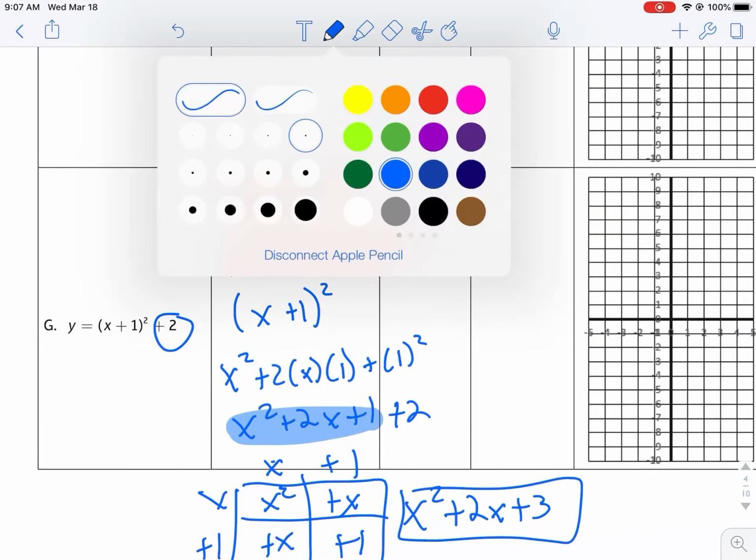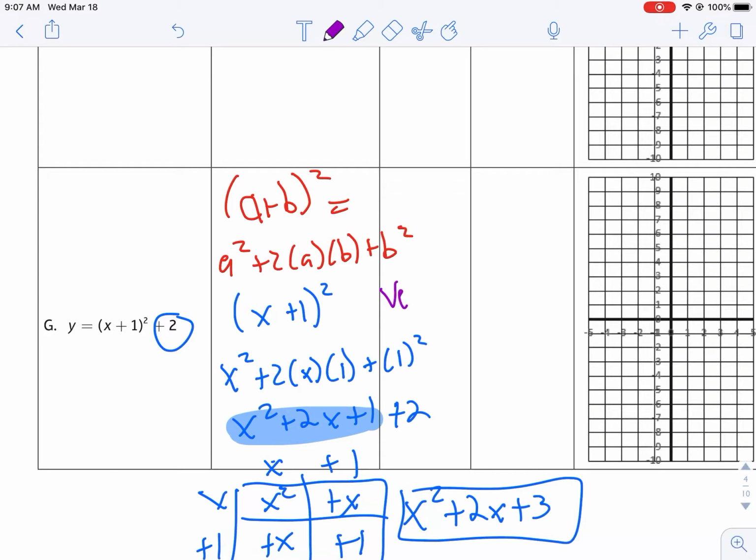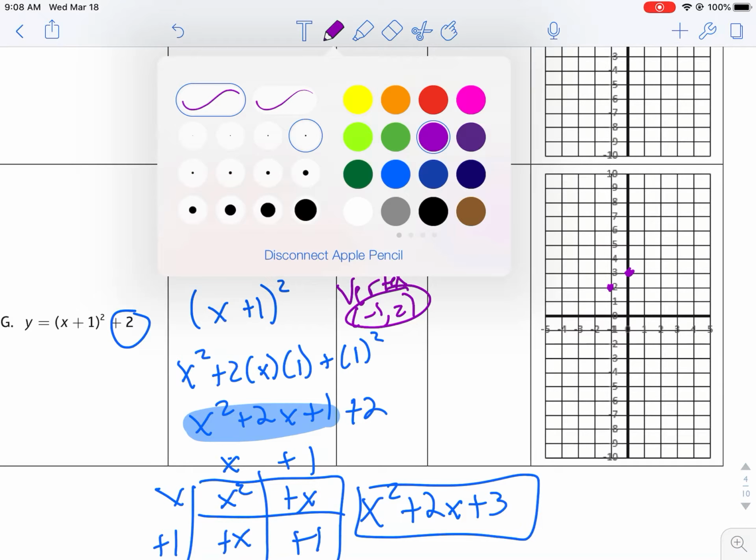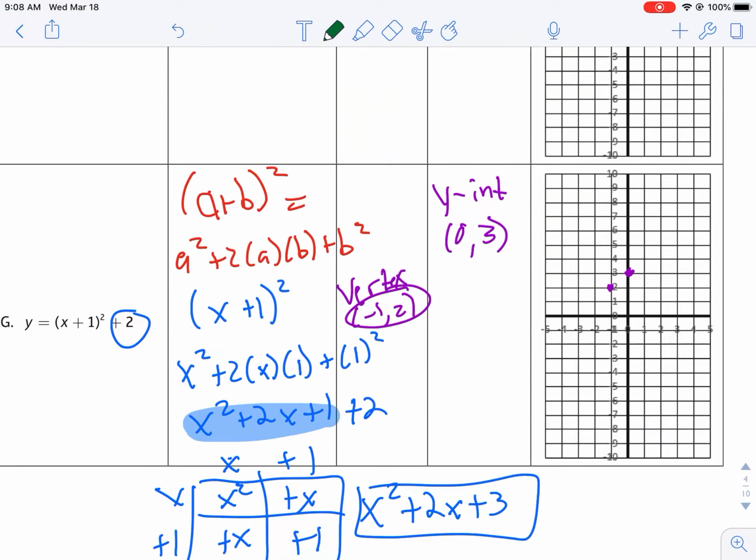Our vertex is going to be (-1, 2), and our y-intercept is (0, 3). So here's our y-intercept, here is our vertex, and if we know our vertex, we also know our axis of symmetry.